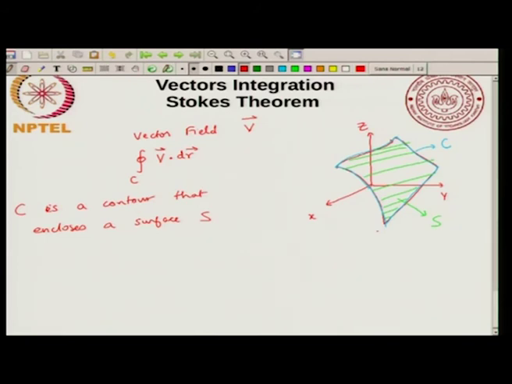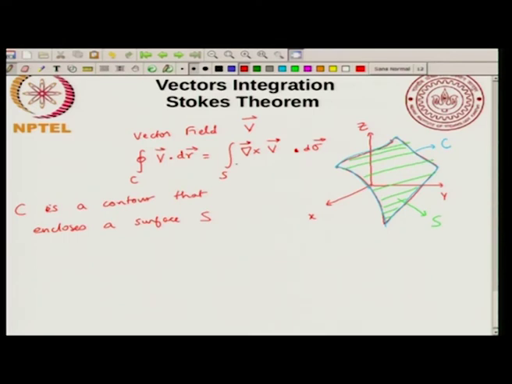Then this line integral can be converted into an integral over S, and what you have is something dot d sigma. d sigma is the usual surface integral element. And what you have here is the curl of V. So, curl of V is a vector, and this dotted into d sigma will give you a scalar.